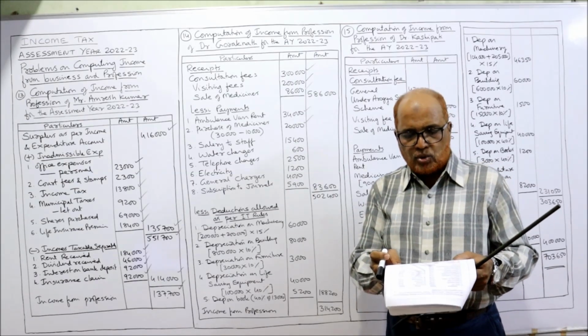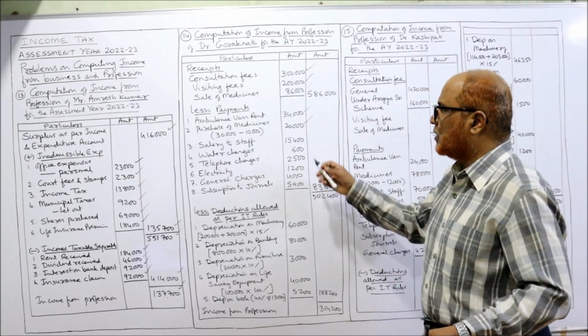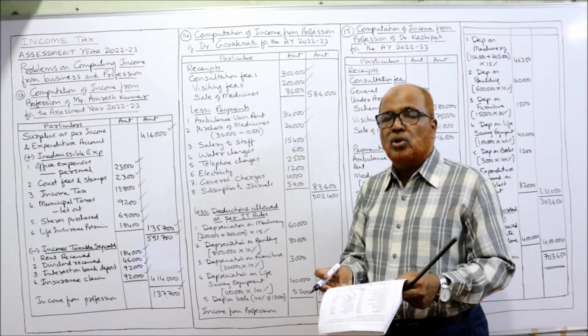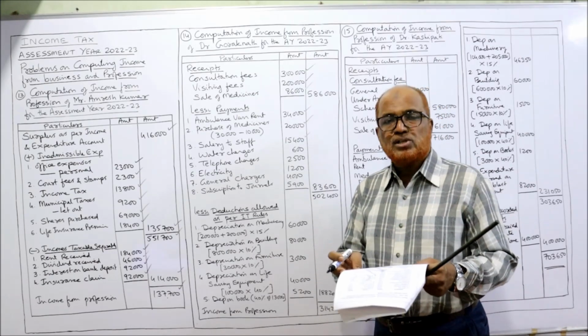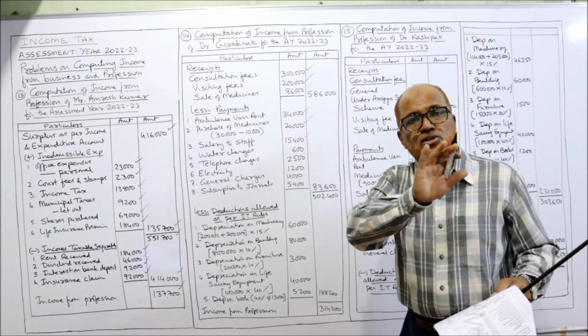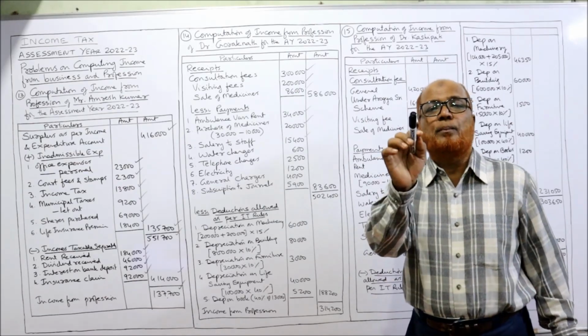Then salary to staff, it is allowed as deduction. Salary to staff 15,400. Then next comes income tax paid, it is not allowed as deduction. Purchase of surgical equipment, this is a capital expenditure, it is not allowed. Depreciation is allowed on purchase of surgical equipment.